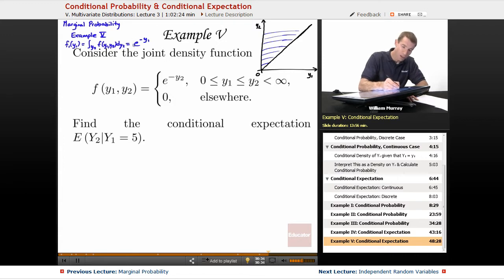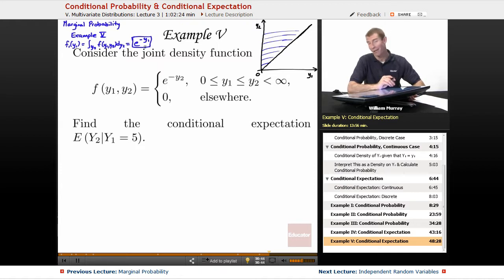There was a little bit of work to getting it, so I'm skipping over some of those details. If you want to go back and check that out, or if you want to redo the integral, then you'll see where that comes from. In today's example, what we're going to figure out is the expected value of y2 given that y1 is equal to 5. So let me show you how we're going to calculate that.